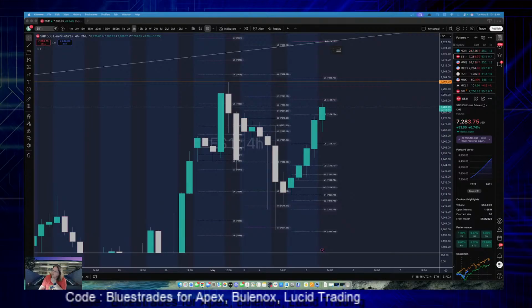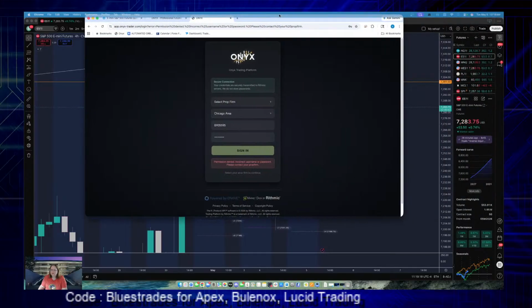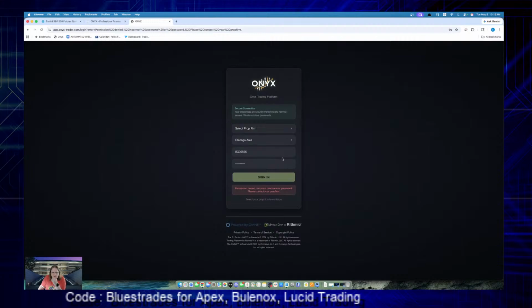They haven't signed up with it yet. But I know you can on Onyx. So if you don't want to use it through Ninja, you can on Onyx. They got Bull and Ox right here. Permission denied.